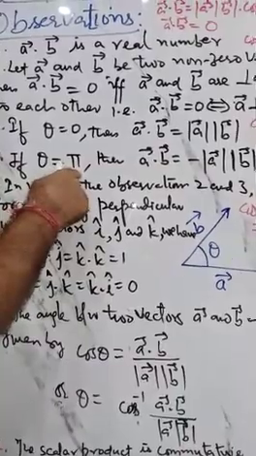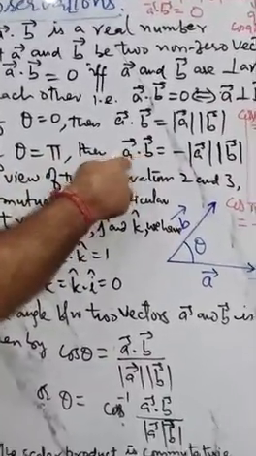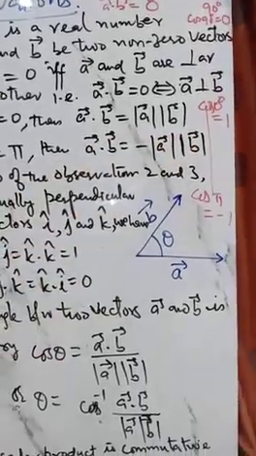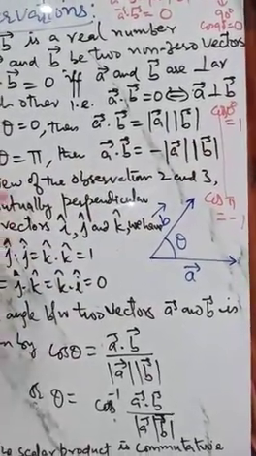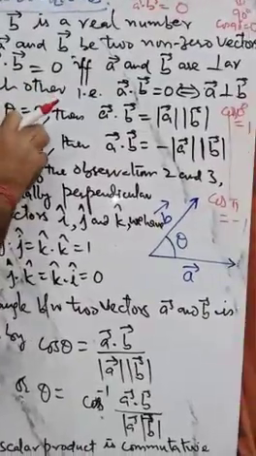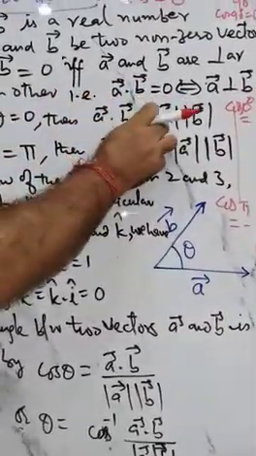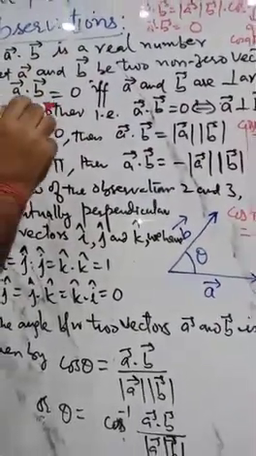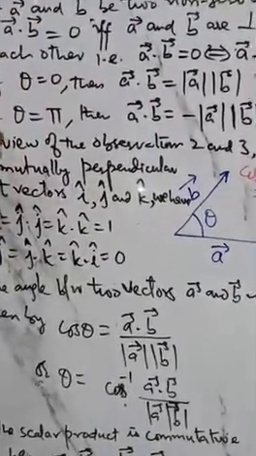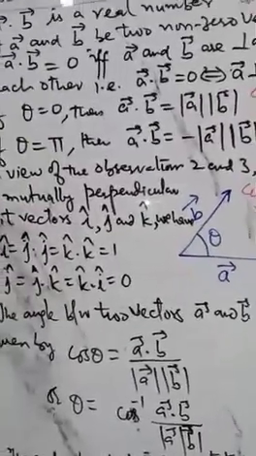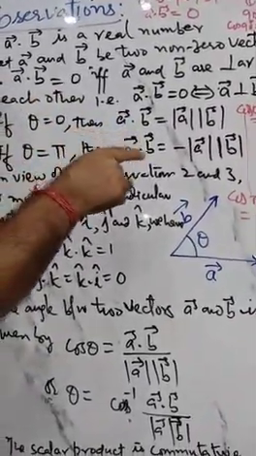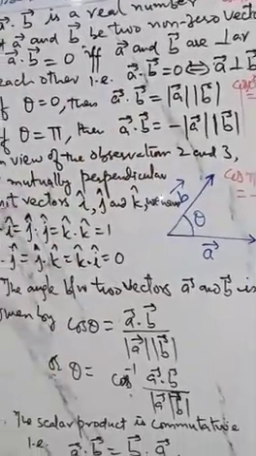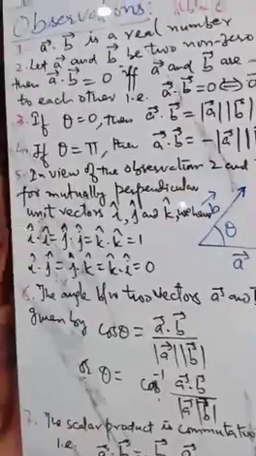If theta is equal to pi, then the dot product of these two vectors will be equal to minus magnitude A into magnitude B. तो याद रखिए, अगर थीटा 0 हुआ तो डॉट प्रोडक्ट होगा magnitude A into magnitude B. अगर A और B म्यूचुअली परपेंडिकुलर हैं तो इनका डॉट प्रोडक्ट 0 होगा. अगर थीटा पाई के बराबर, then cos 180 डिग्री is -1, सो A dot B हो गया minus magnitude A into magnitude B.